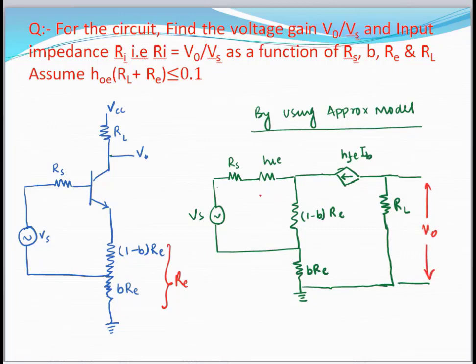The current here is IB, and here the current that will flow is IB (1 plus hfe). This point is the emitter.